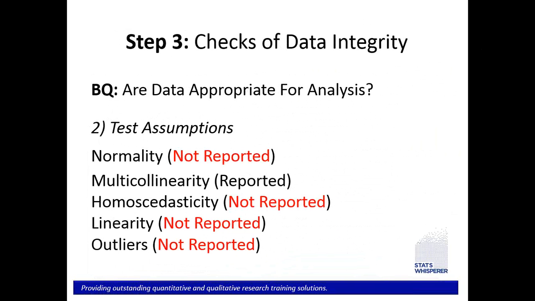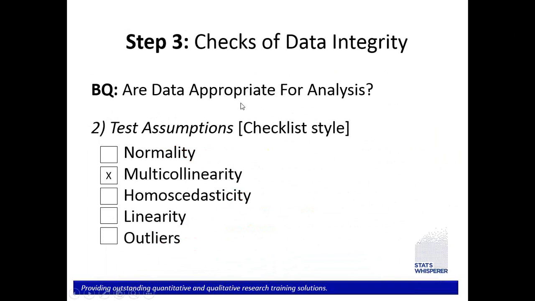And within that check, only 1 of the 5 assumptions was actually assessed. It leaves a lot of room for error, which we do not like. We could put this in a checklist style. For test assumptions, there's one box checked and the other boxes are completely left undone.